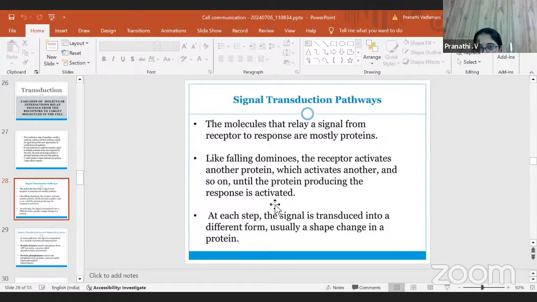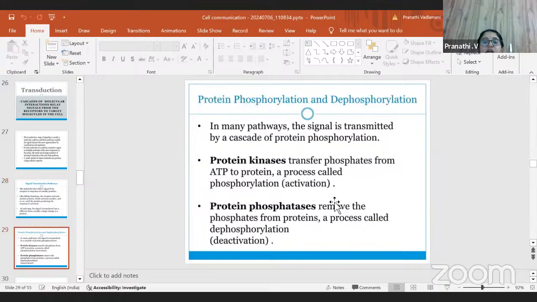Usually a single signal molecule is going to be bound to a receptor. This activates another protein inside. So what are we seeing in the case of phosphorylation or dephosphorylation? That is the basic signal that is being transmitted. There are protein kinases, like I said. Receptor tyrosine kinase is one. You have serine threonine kinases, histidine kinases, protein phosphatases, or the guanylate cyclases.